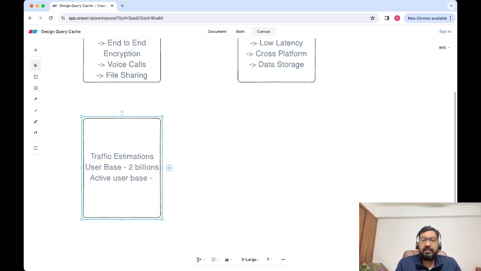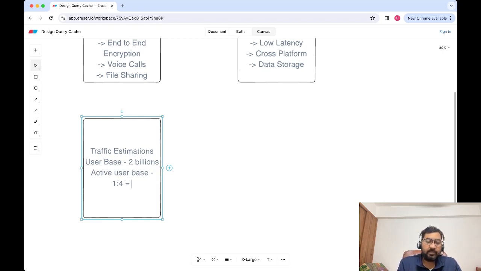Let's say we are considering a ratio of 1 to 4, so out of every 4 users, one user is active. If we do the math, 2 billion divided by 4 comes out to 500 million.